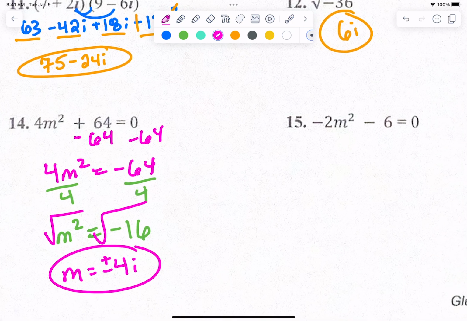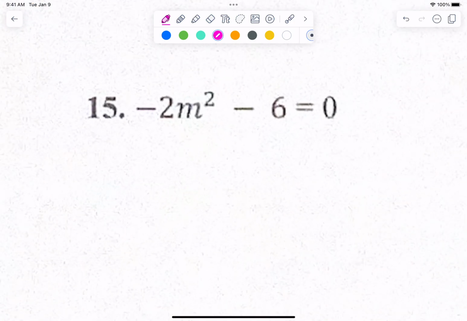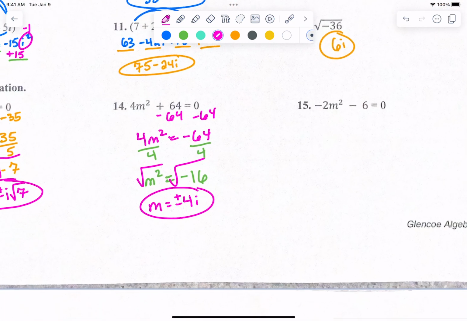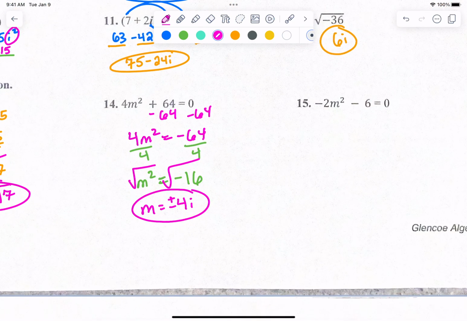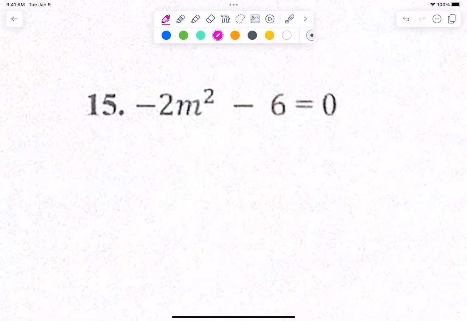We'll check it here in a minute. Is it m equals plus or minus i squared? I know I'm in the right vicinity. Gotcha. Okay. All right.